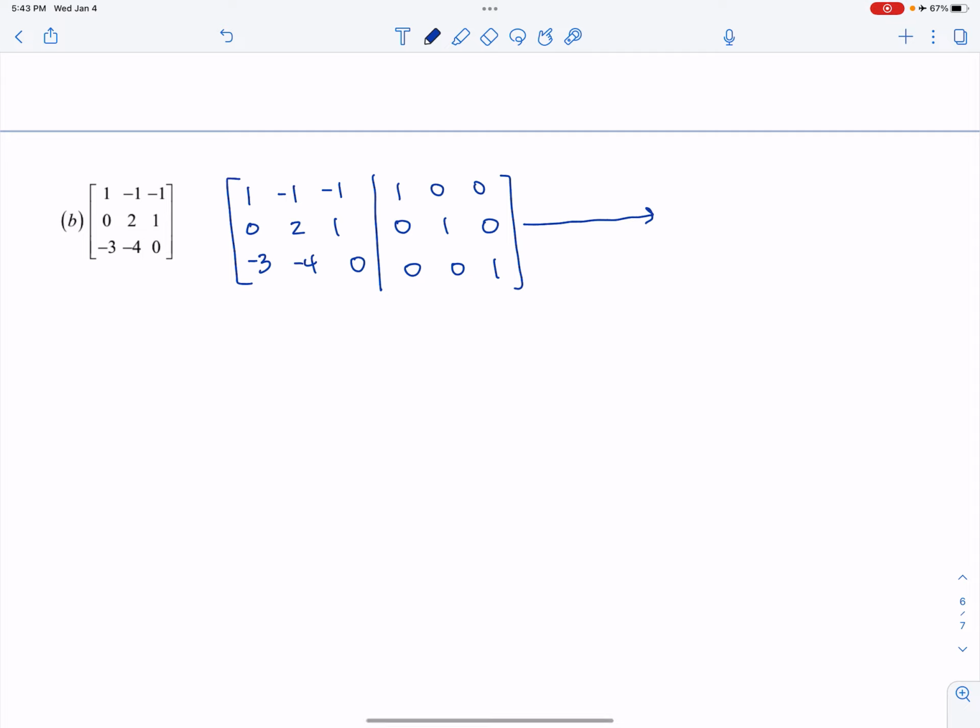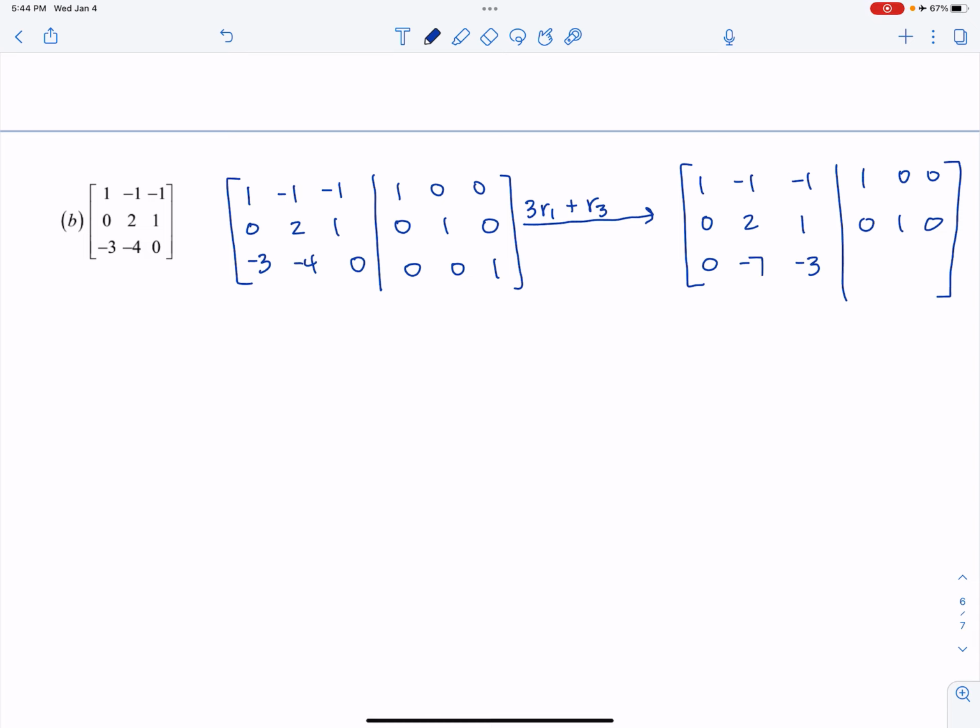All right, so first, let's do 3 times row 1 added to row 3. 1, negative 1, negative 1, 1, 0, 0, 0, 2, 1, 0, 1, 0. And then we have 0, negative 7, negative 3, 3, 0, 1.